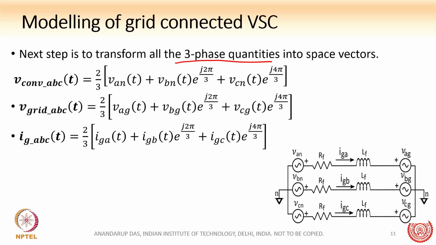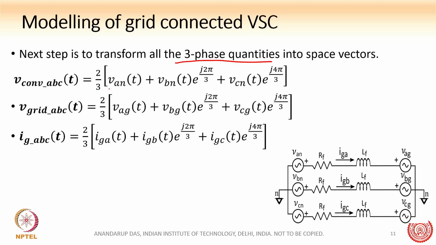Because space vectors are defined both at steady state as well as at transients, whereas phasors are only applicable at steady state. So we have to use space vectors here, because we are going to develop a dynamic model of the voltage source converter. And we know the definition of space vector.